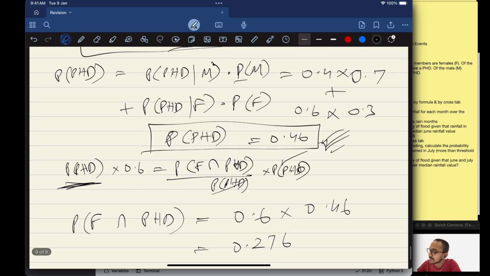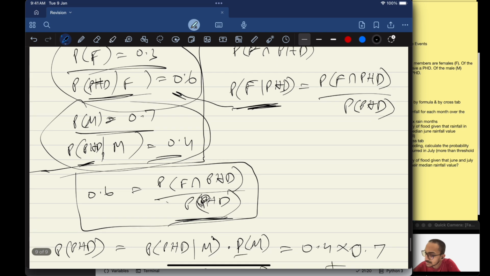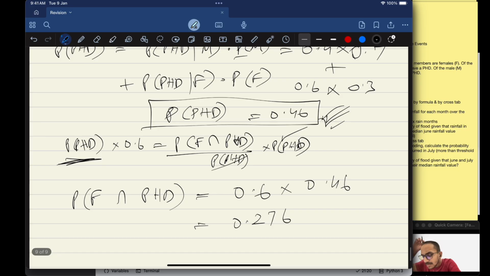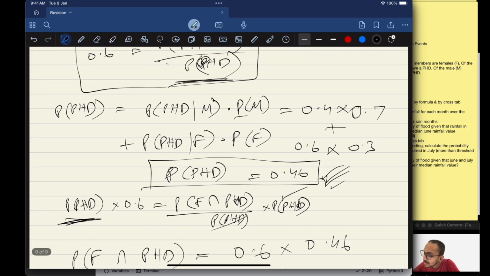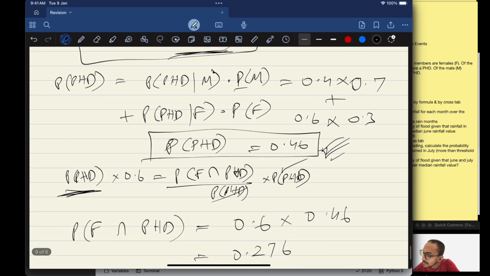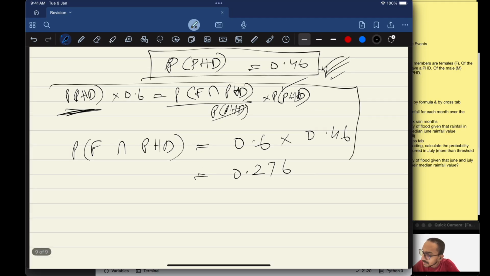Okay. So again, this is a mistake here, right? We corrected it here, which is PhD given female, but we are calculating this as female intersection PhD. Let me redo this again. We don't have to compute P of PhD actually.